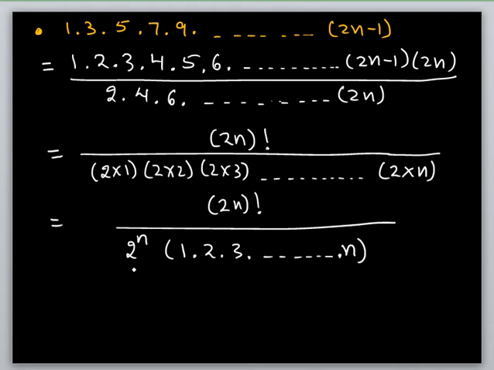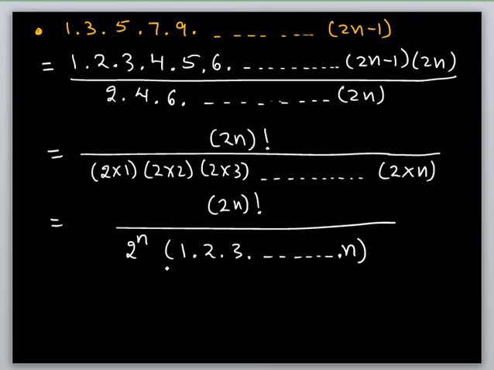You will see the 2 gets multiplied n number of times. So the product of this 2, then this 2, till the last one comes out to be 2 to the power n. And what are the leftover terms in the product? We are left with 1 into this 2 into this 3 till into this n.